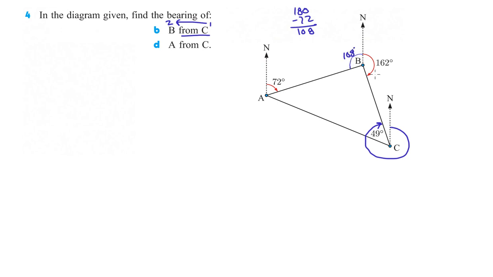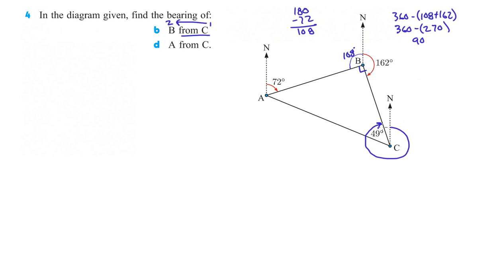And if this is 162, that's 108. We know that all three of these have to add up to 360. So 360 minus 108 and 162. That's going to be 360 minus 270. That magically gives us 90 degrees right here. Okay. And then let's see.